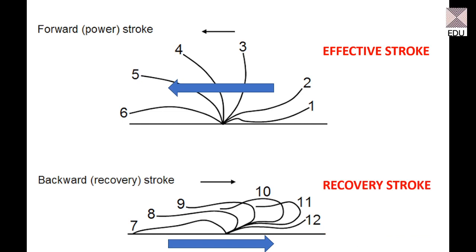So the movement of a single cilium can be divided into 2 strokes. Number 1, the effective stroke. Number 2, the recovery stroke. In the recovery stroke, the cilium comes back to its original position and the paramecium moves towards the right side.